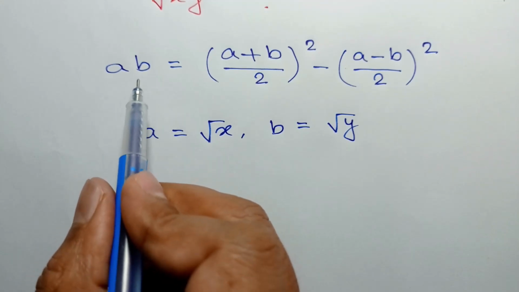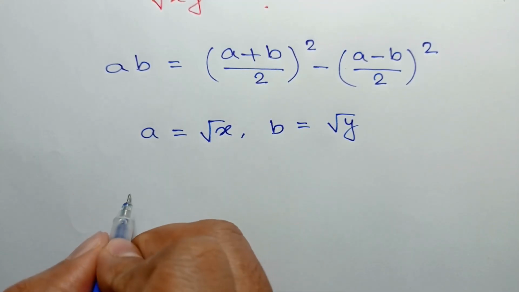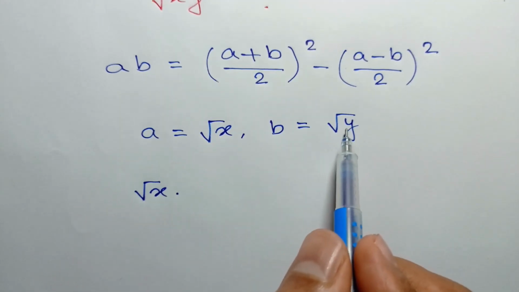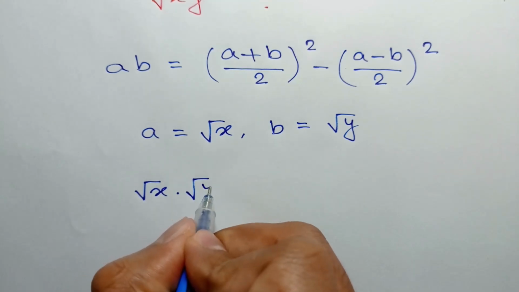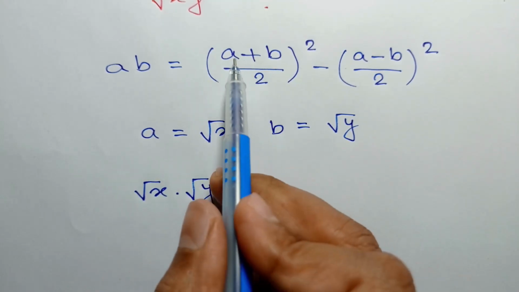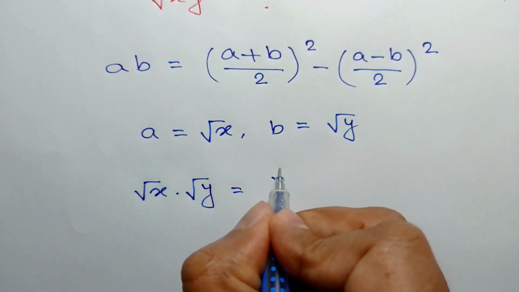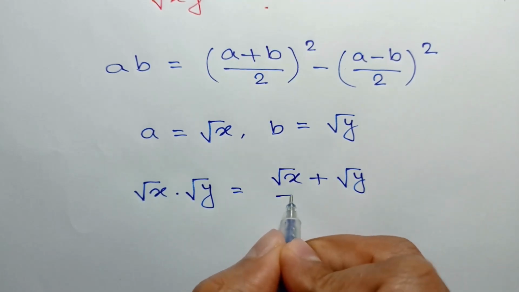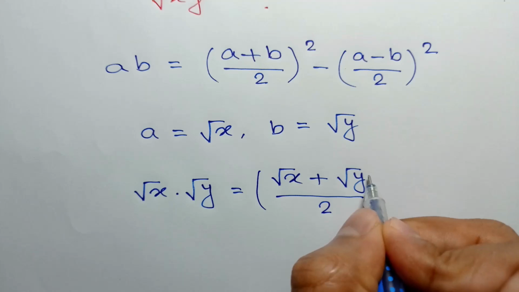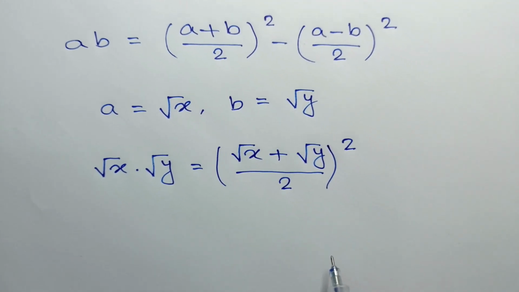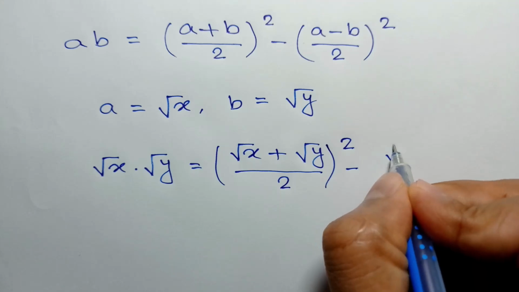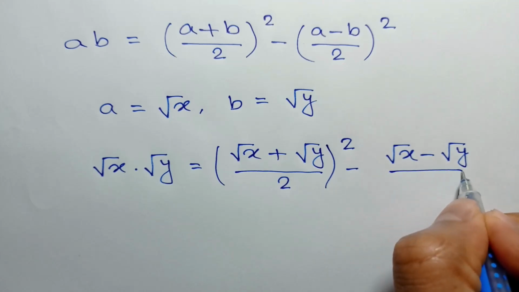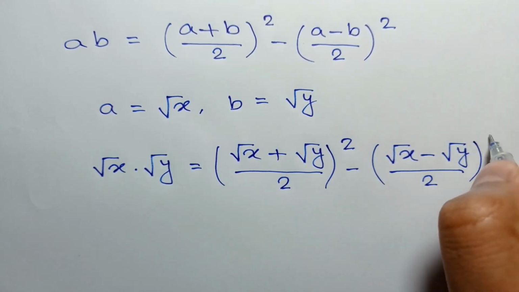So square root of x times square root of y is equal to (square root of x plus square root of y over 2) whole square minus (square root of x minus square root of y over 2) whole square.